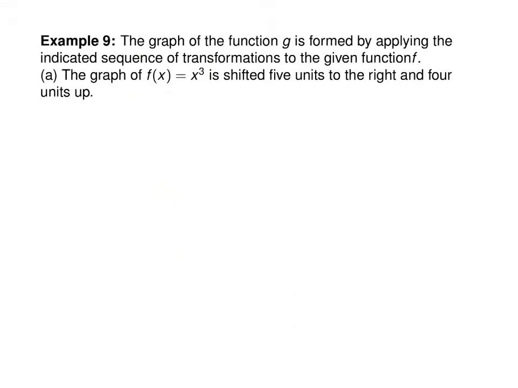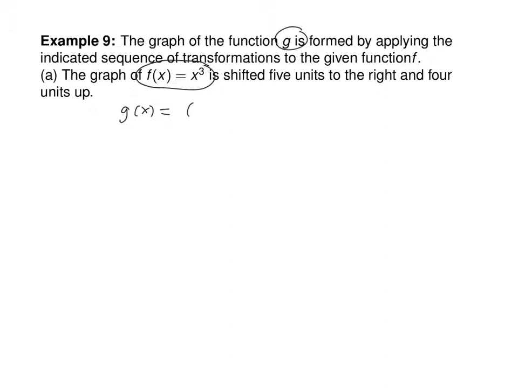All right, so suppose you have a graph G that's formed by applying this sequence of transformations to this given function f. I want you to give me the equation of G. So if you want to take x cubed and shift it 5 units to the right and 4 units up, what would the equation look like, not the picture?